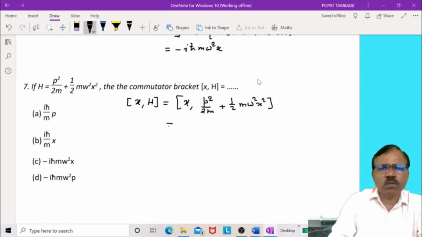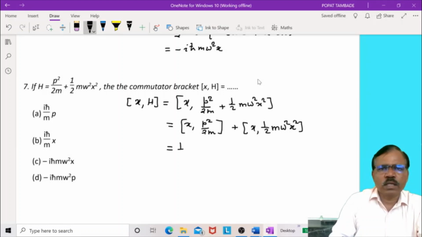So this is equal to the commutator [x, p squared upon 2m] plus the commutator [x, 1/2 m omega squared x squared].